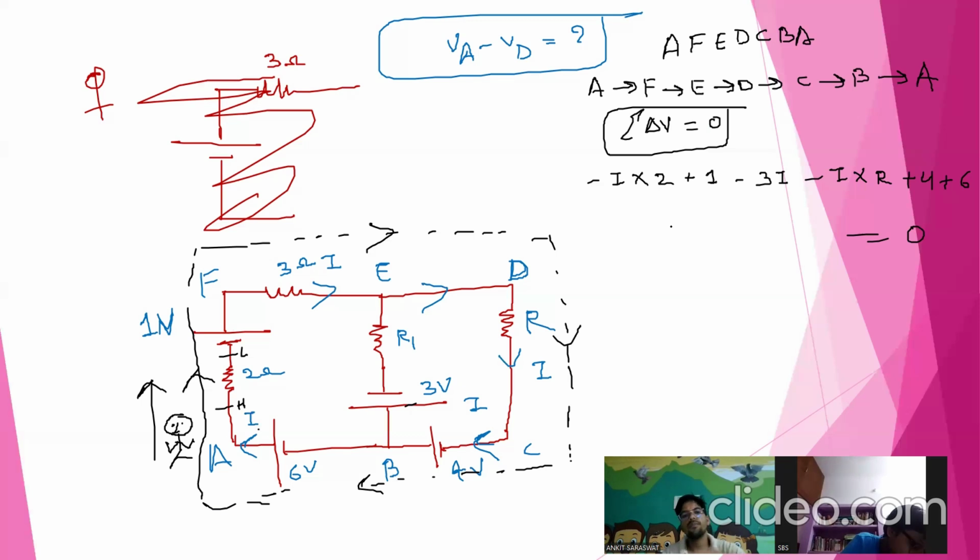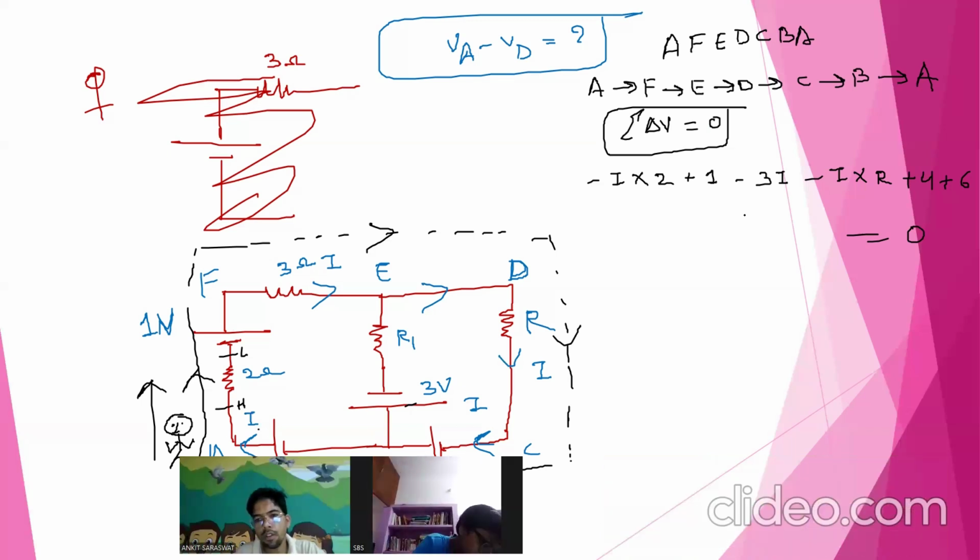Clear? Sir, yes, one minute, sir. Did you see one thing, if I'm assuming this our closed loop, what I'm getting? I in bracket 5 plus R equal to what?